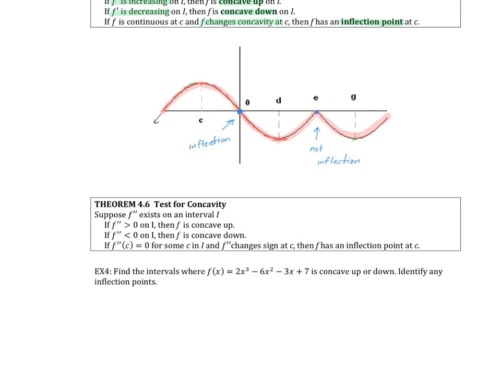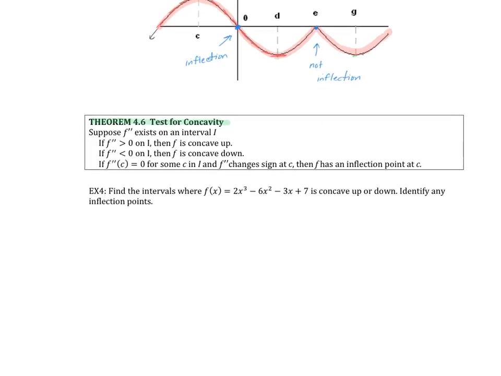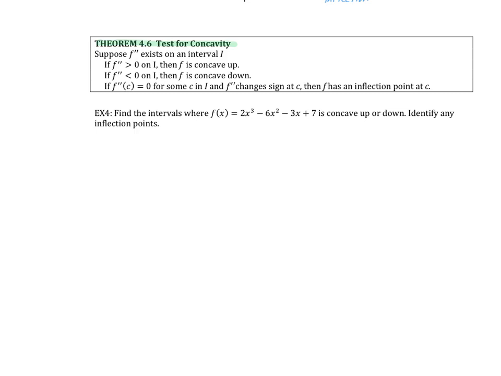So the test for concavity is very difficult if we use the first derivative. So what we usually use is theorem 4.6, the test for concavity. And it's a very simple test. We're going to assume that our second derivative exists.